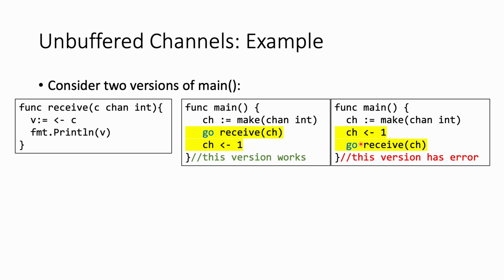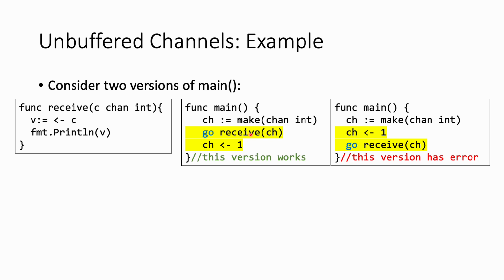In the second version, the order of the go statement and the send operation is reversed. Here, function receive takes a channel of integers as the only argument and makes a receive from the given channel and prints out the result. So the function call receive of CH will execute a receive on the channel CH.